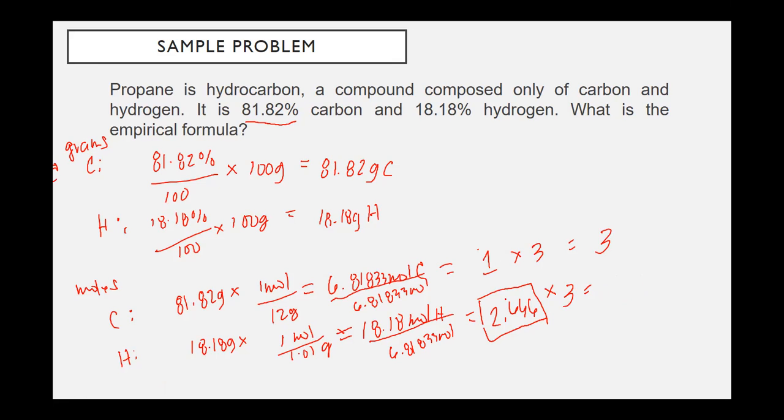We'll get 7.998. So this is approximately 8 na din. So bakit ito i-round off naman natin kasi sobrang lapit na niya. Compare dito, 2.66. So we cannot round this off agad. So ang magiging empirical formula na natin ay C3H8.